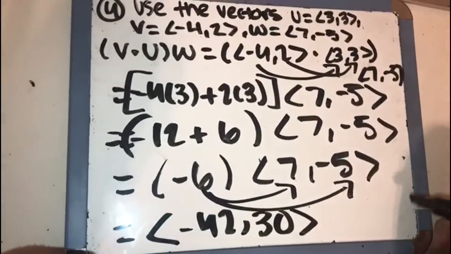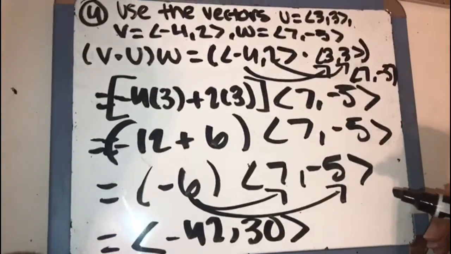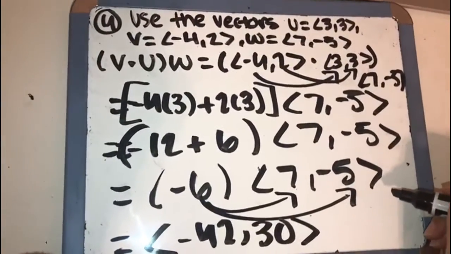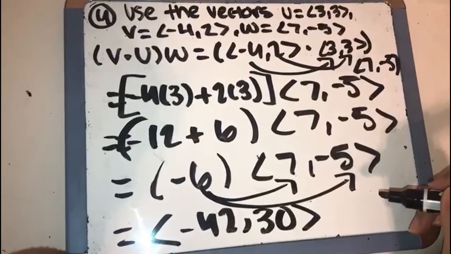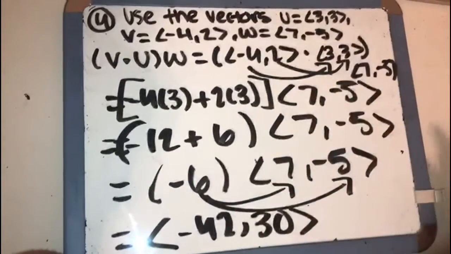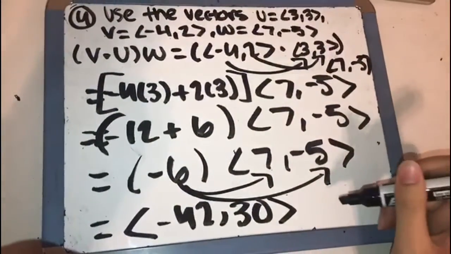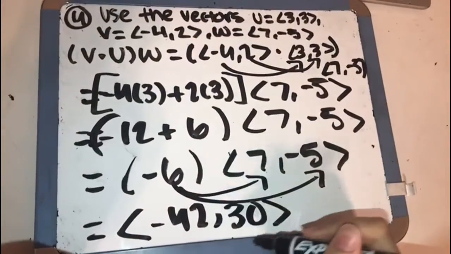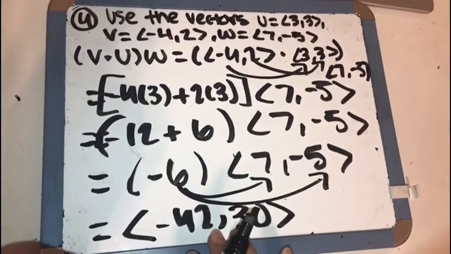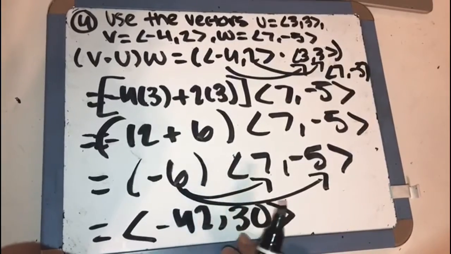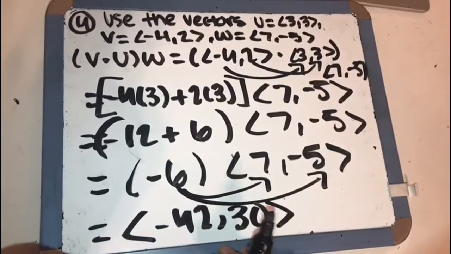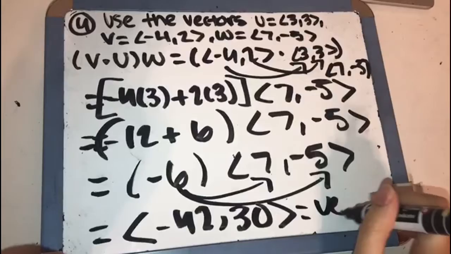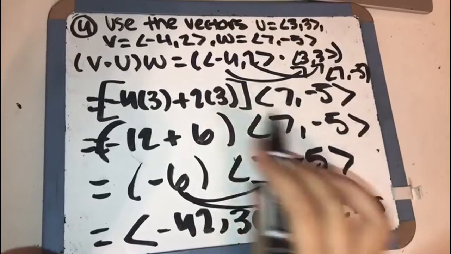Remember how in the previous question we talked about the difference between scalars and vectors. Now, what do you think this will be? I reminded you guys that if there are two points, like -42 and 30, this will equal a vector, because vectors always involve points.